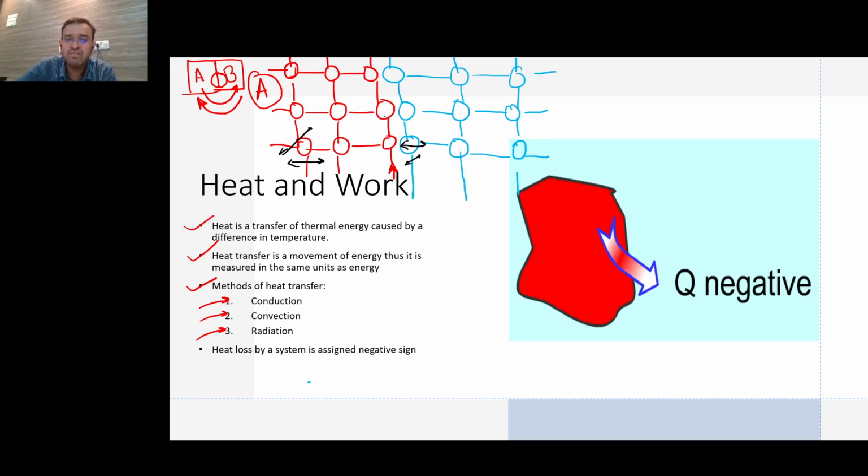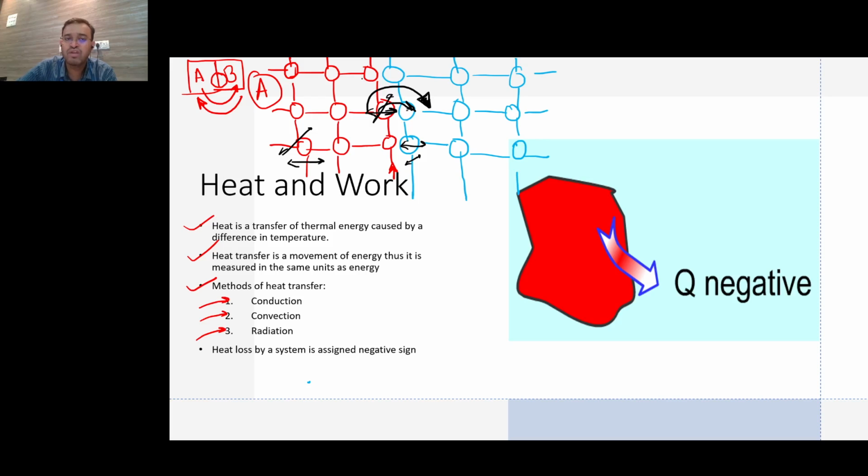So as these molecules are vibrating, they invariably collide with the molecules of B. During this collision, some of the kinetic energy of A is being transferred to the molecules of B.